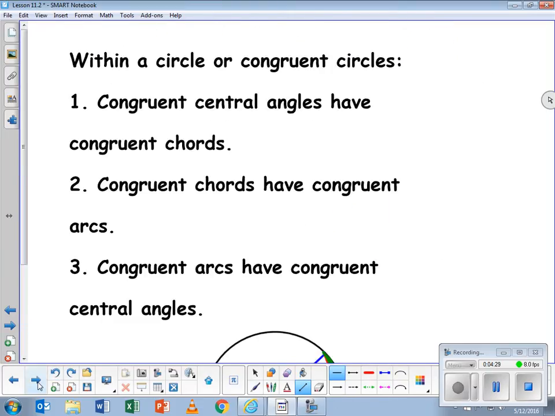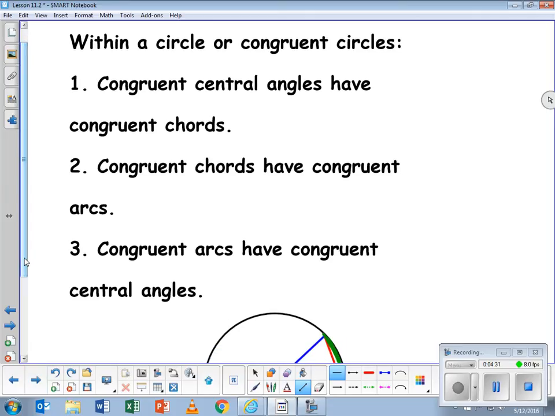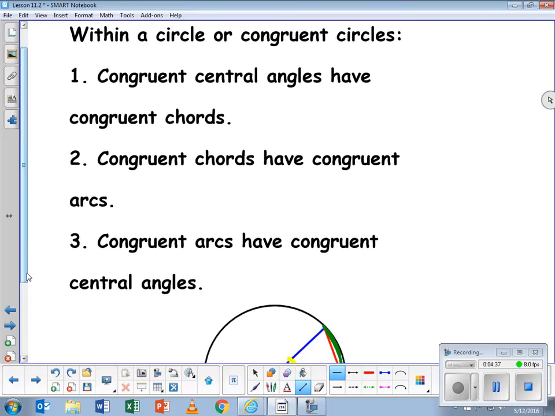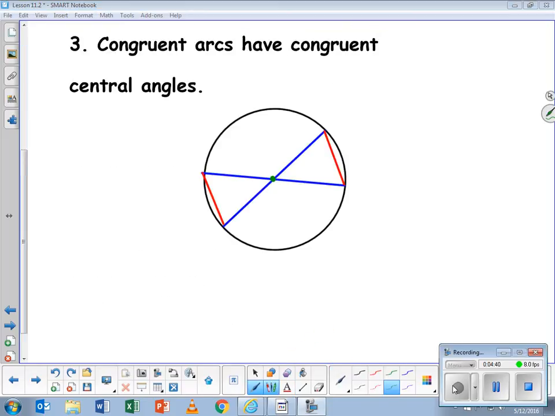Okay, so within a circle, or within congruent circles, three things are true. I'll pause while you copy those three things down. So here we have a picture of a circle with a couple chords in it. We'll label them A, B, C, D, E, so we can talk about them a little bit.